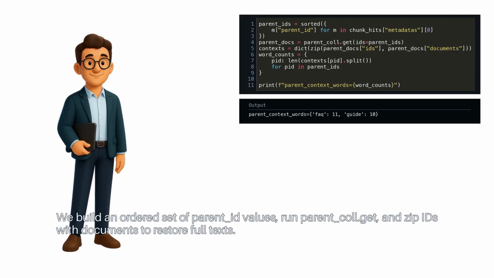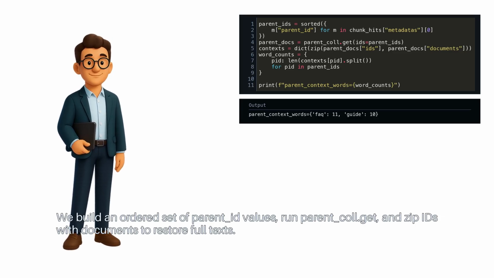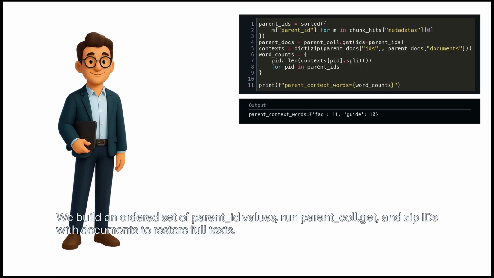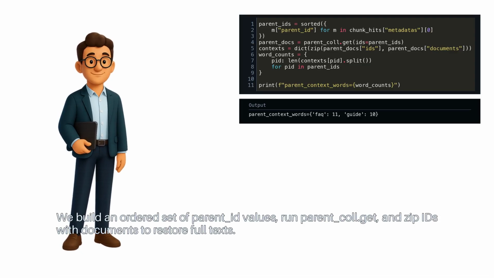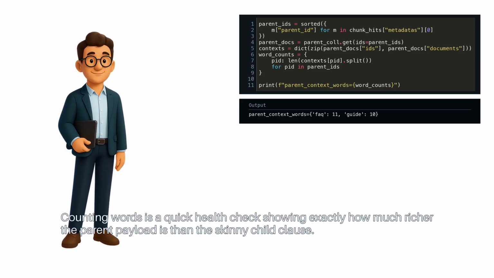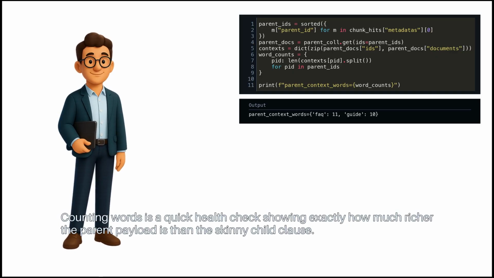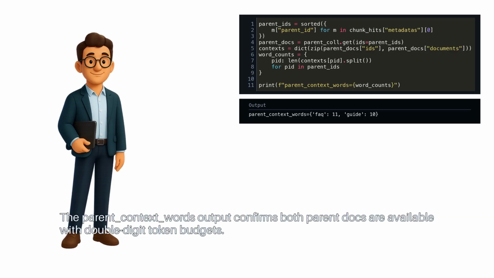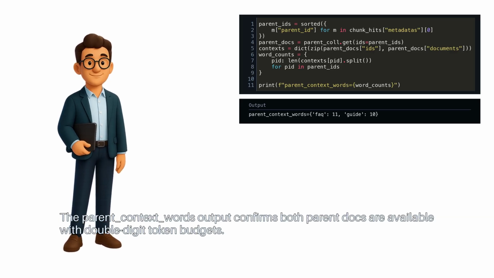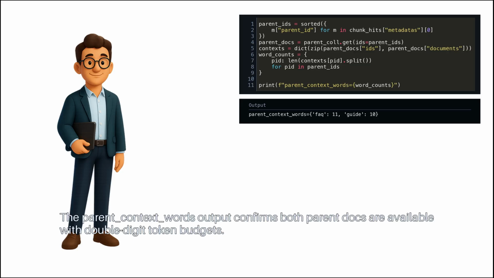We build an ordered set of parent ID values, run parent_call.get, and zip IDs with documents to restore full texts. Counting words is a quick health check, showing exactly how much richer the parent payload is than the skinny child clause. The parent context words output confirms both parent docs are available with double-digit token budgets.